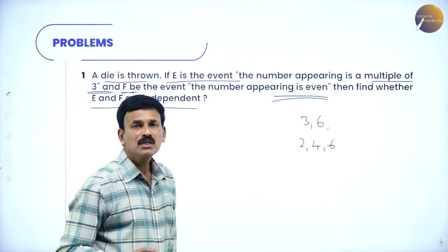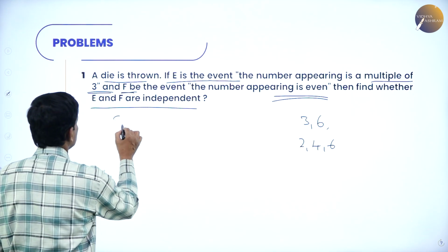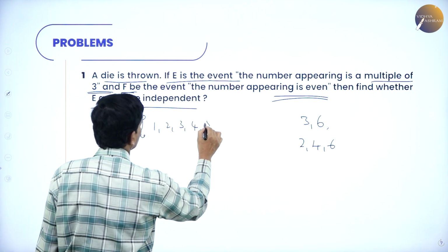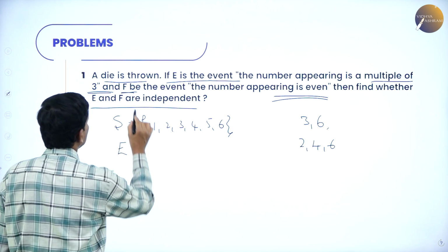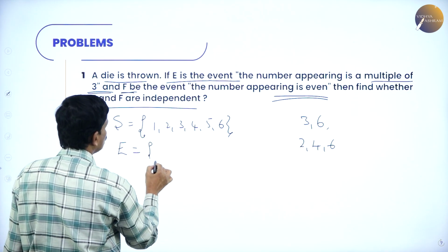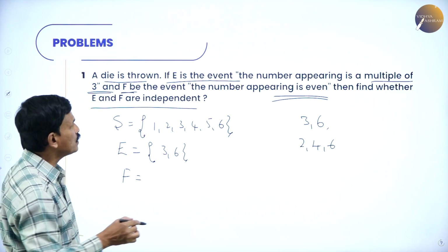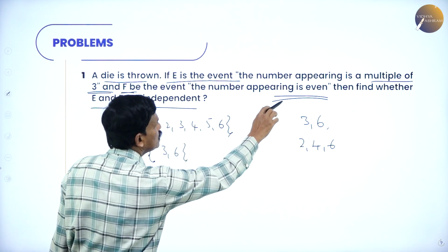Now let us see. Now what is given? So here a die, the sample space S contains 1, 2, 3, 4, 5 and 6. Now let us define an event. E is the event that a number appear is a multiple of 3, which is nothing but 3, 6. And F is defined to be the event that the number appearing is an even number.